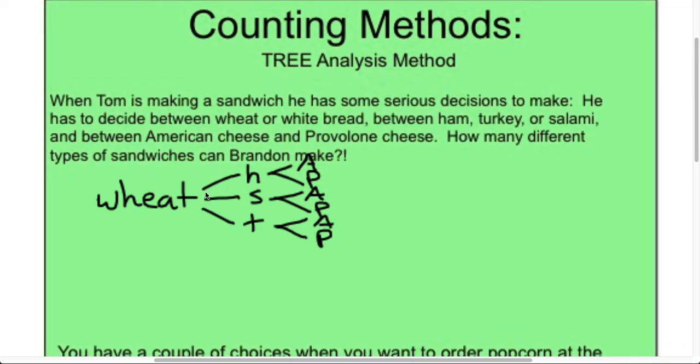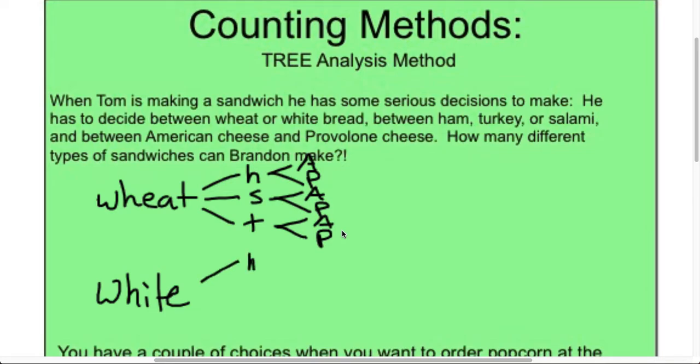And so just with a piece of wheat bread, he could make 1, 2, 3, 4, 5, 6 different types of sandwiches. Could be wheat with ham and American, wheat with ham and provolone, salami American, salami provolone, turkey American, turkey provolone. But then the same options happen if we decide to go the white bread route.